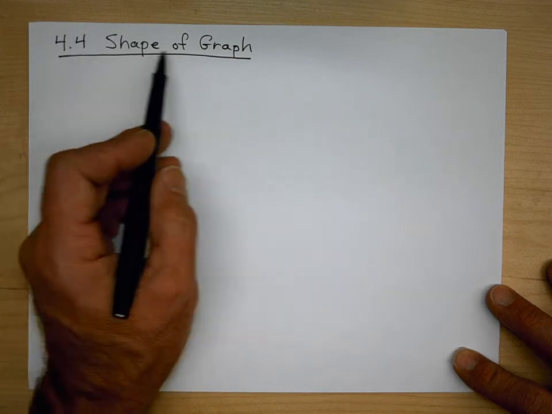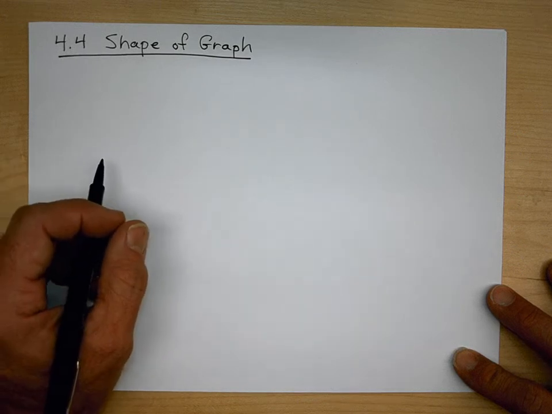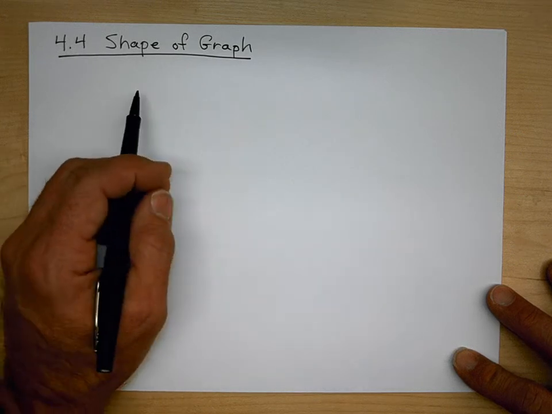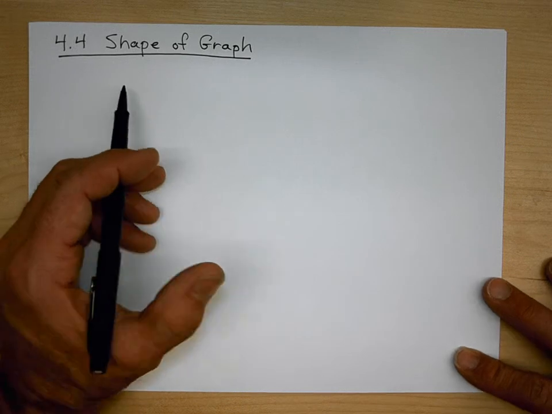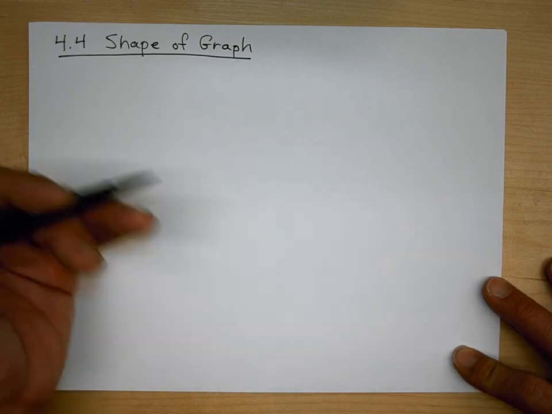So I just want to emphasize that with as much work as we do with graphing calculators and computers, the ability to use information about the derivative or second derivative of a function in order to sketch graphs might not be so relevant.